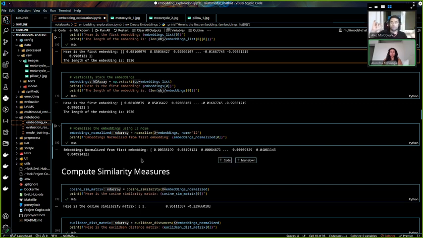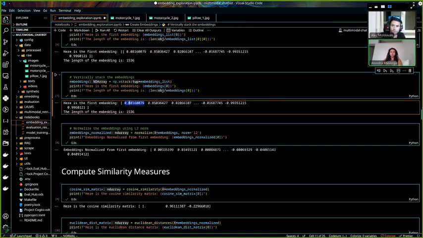The problem is that when those vectors are created, they are unscaled or unnormalized, meaning the magnitude of these numbers that I'm highlighting here could be very large in scale sometimes.